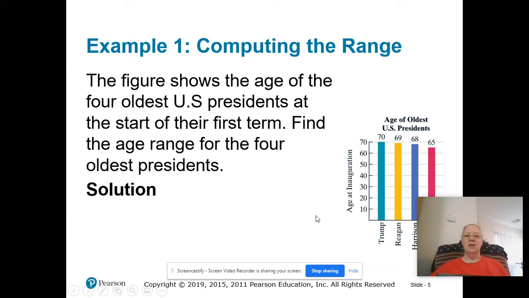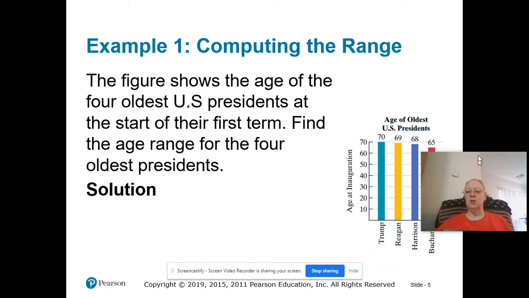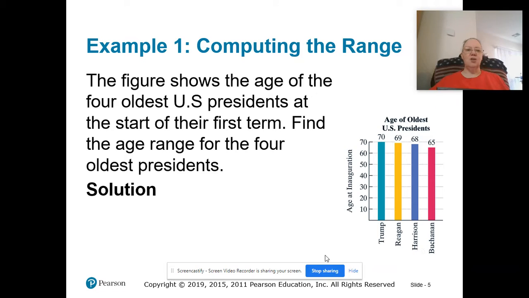Okay, computing the range. The figure shows the ages of the 4 oldest U.S. presidents at the start of their first term. Find the age range for the 4 oldest presidents. We take the oldest president at the start of the first term, which is President Trump, and he is 70.